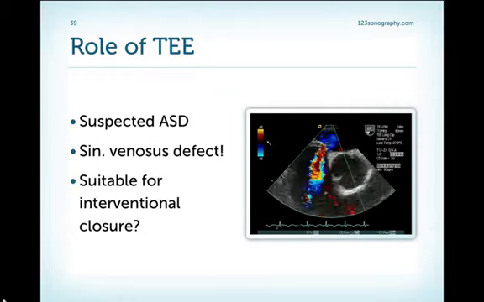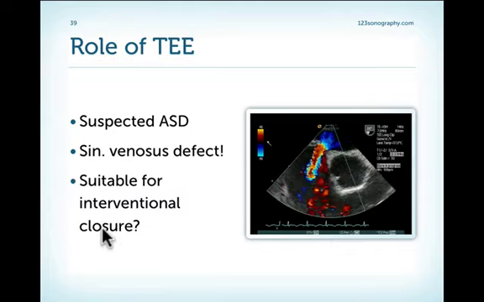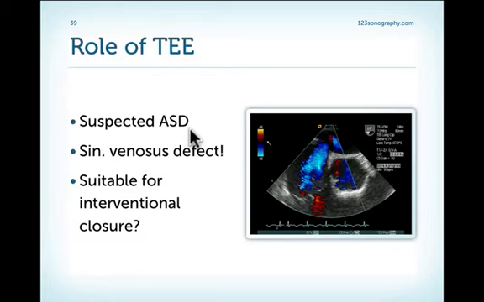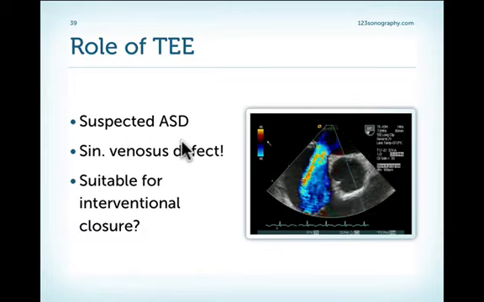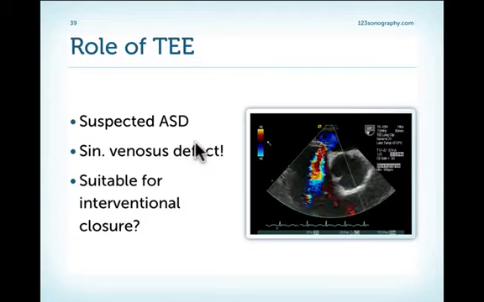What is the role of TEE? First of all, if we have suspicion of an ASD because of right ventricular volume overload, but we cannot find an ASD by TTE, we will always do TEE as a next step to make really sure that there is no shunt.